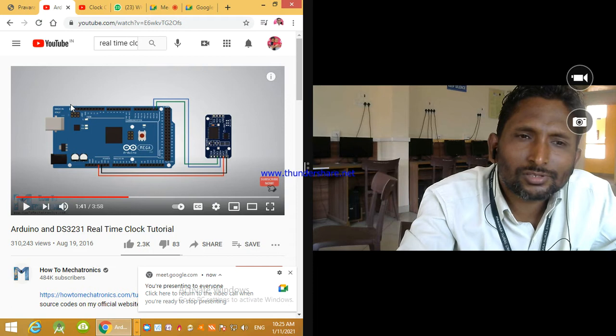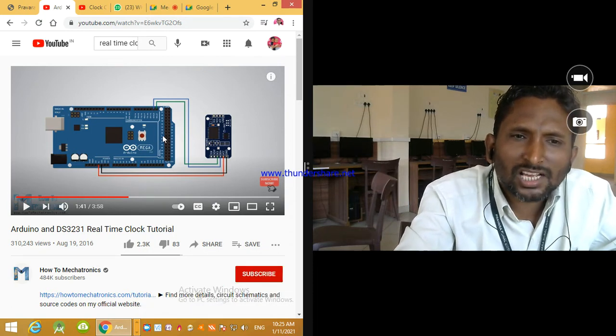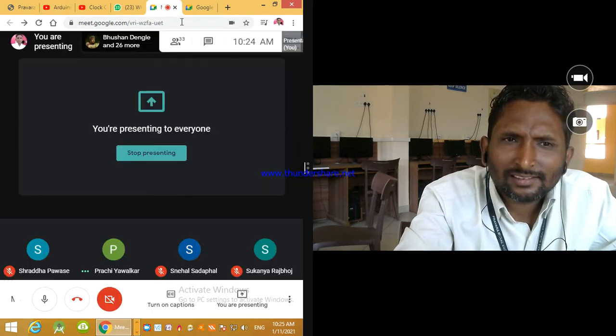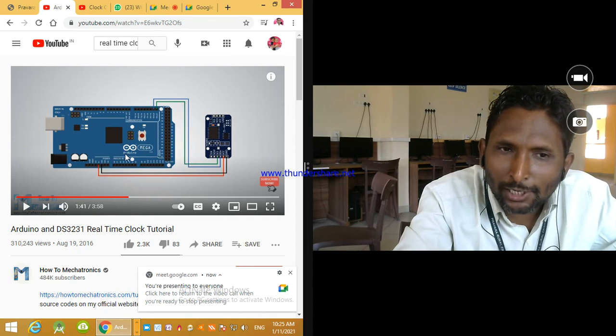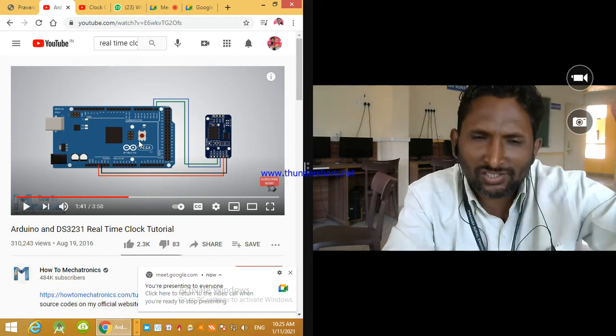Please see this circuit. Over here, if you are able to see the movement of the mouse cursor, what is this? Arduino Mega. It's not Arduino Uno. Over here you can see Arduino Mega. We are not looking towards this.